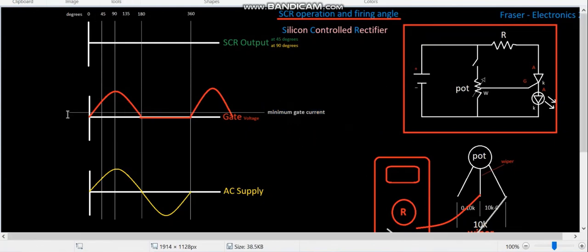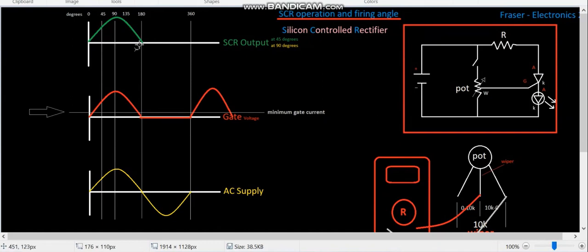Whatever this number is, 0.5, 0.1, let's just note this point right here, where my arrow is, as the minimum gate current. Let's say we've exceeded that gate current, so we don't have to worry about it. We're going to get conduction only in the positive pulse.